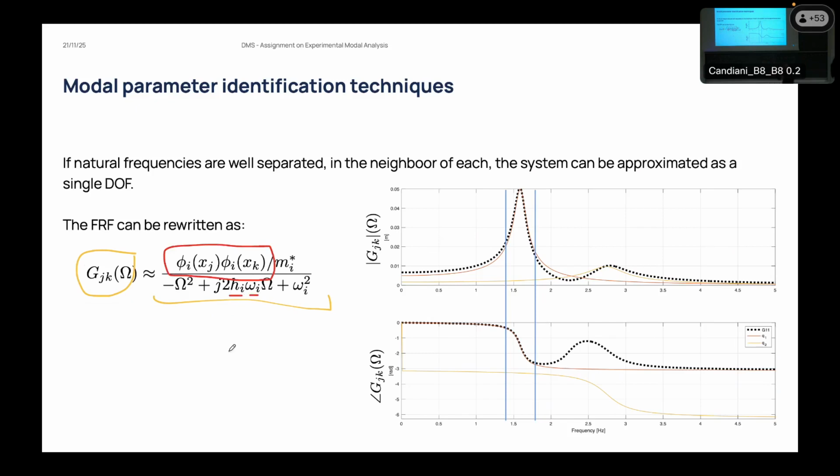Is that clear? We already have the frequency response function. We want to obtain the natural frequency, the mode shape, and the shape of the mode that is excited in the neighborhood frequencies.